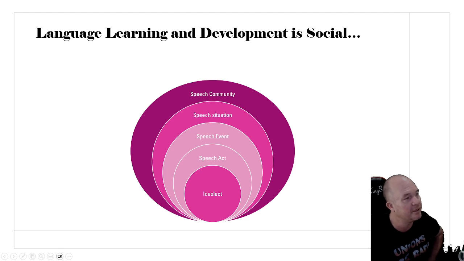Okay. Language learning and development is social, which means that here is the speaker or the language learner who has a version of, say, English, an idiolect. A unique way of using language, and it's very individual, based on the many different life experiences and speech communities and discourses, primary and secondary discourses, that this individual grows up in.